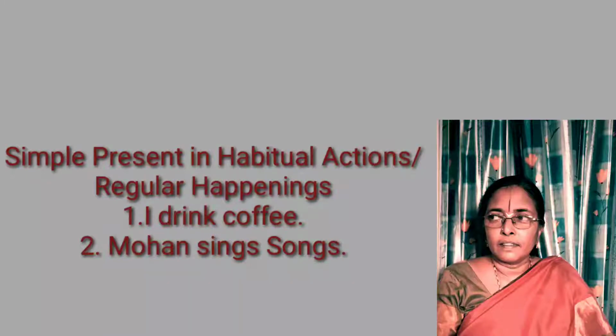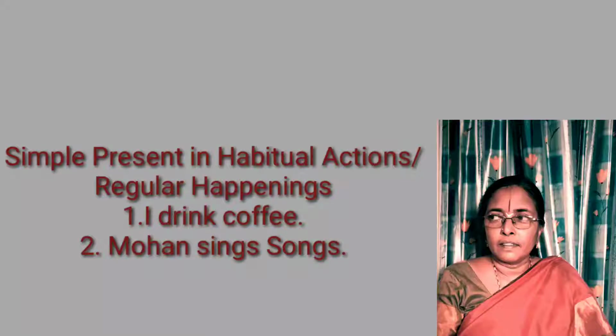When the subject is first person, whether it is in singular form or in plural form, the verb doesn't take S. So we have to say I drink coffee, right? And coffee is object and it comes after the verb, and of course the word coffee is noun.